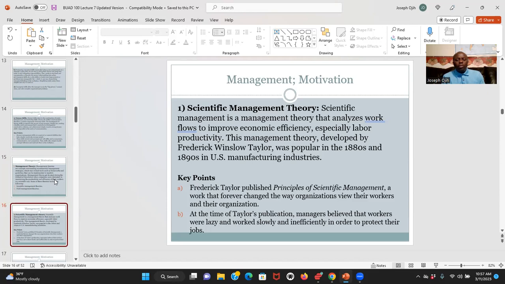Taylor noted that a workflow can be analyzed and then improved so that labor productivity can increase. He believed that workers were lazy. That was a belief of businesses of those days, usually big manufacturing companies, not Taylor himself, but the businesses.